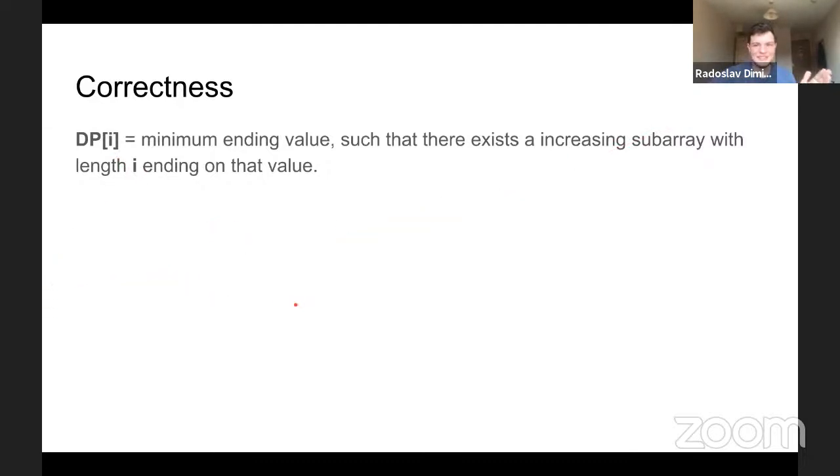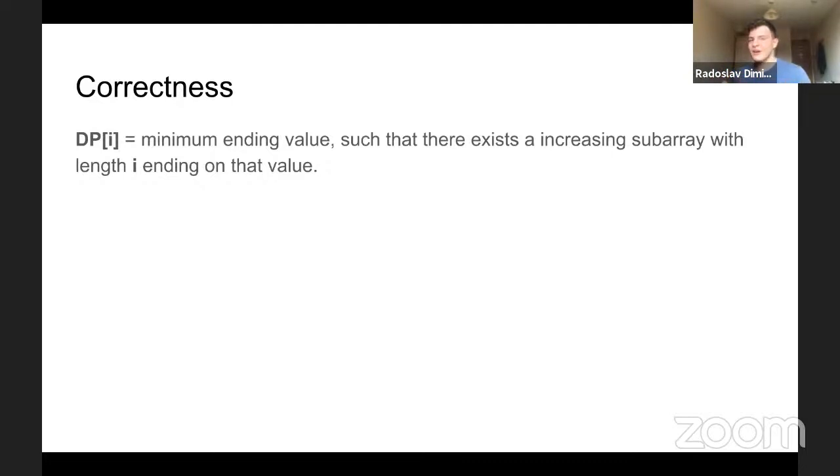This may be a bit confusing. Initially, DP will just have infinity for every i. And what DP of i will represent is the minimum value such that i is the length, or in other words, the answer.